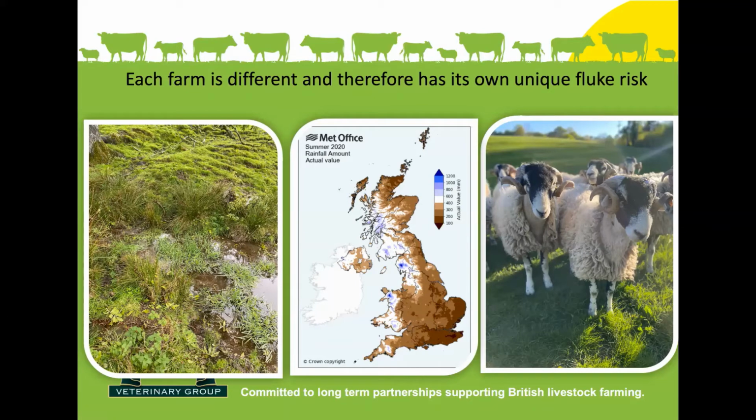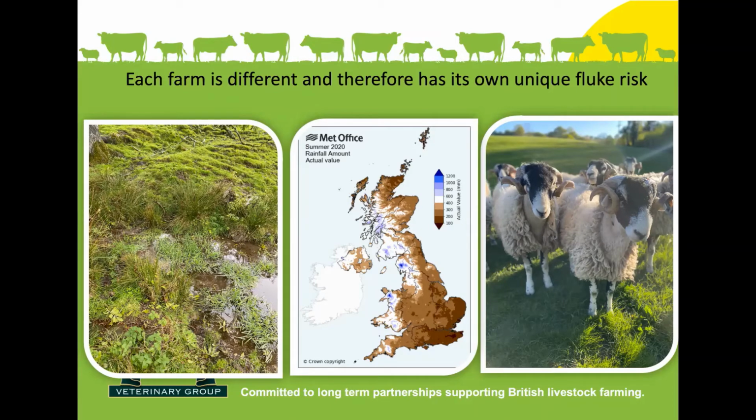Now, the external life cycle, again, we don't want to go into too much detail, but from the eggs passed out onto the pasture, the egg, when it's got the correct climatic conditions, so that's over 10 degrees, hatches out, and the stage that hatches out can only survive a very short amount of time on the pasture, it's a miracidium, and that moves into the snail. So if we don't have snails there, eggs can land on the pasture, but they never get into a snail because there's no snails there.